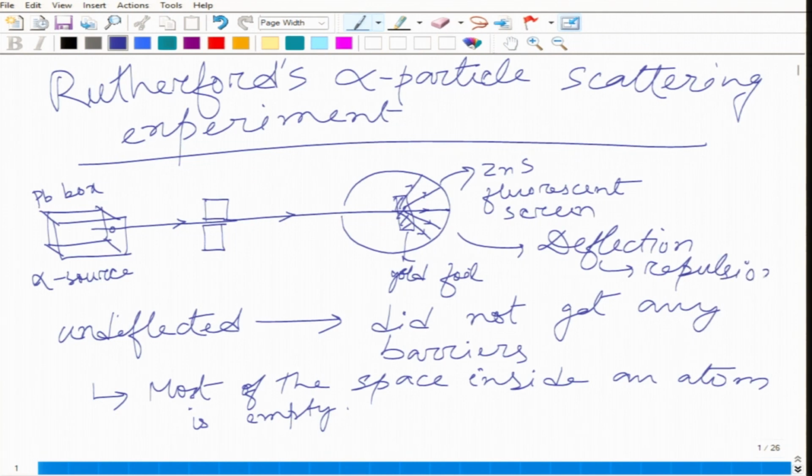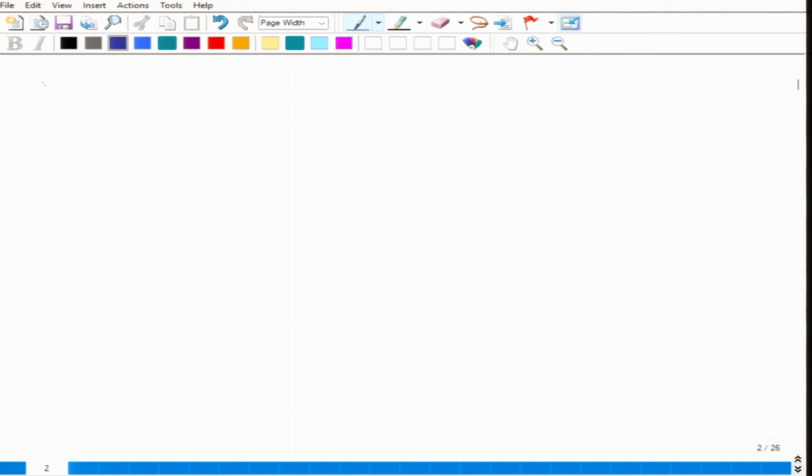Some of them deflected at even higher angles, greater than 90 degrees, and very few of them, about 1 in 20,000 alpha particles, deflected 180 degrees, that is, they struck the gold foil and retraced the path they had followed at first. So, it was concluded that the deflections were due to repulsive forces.